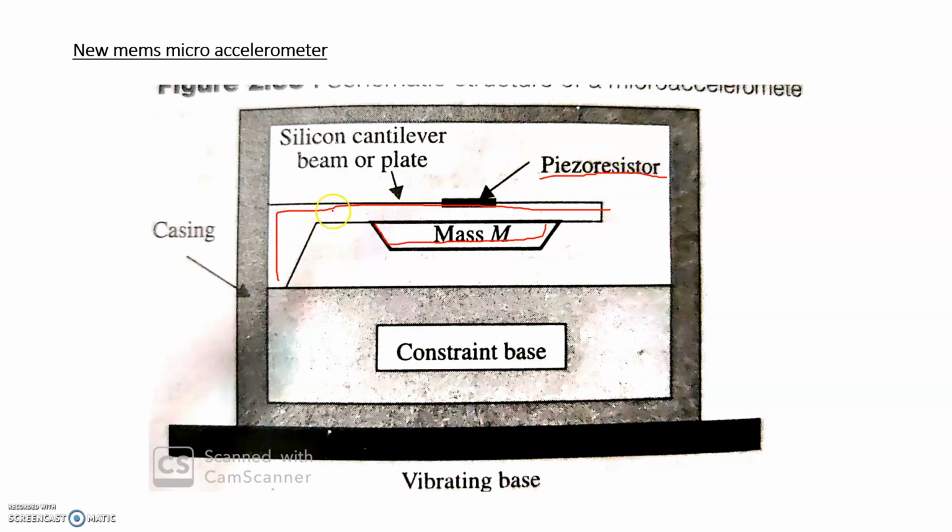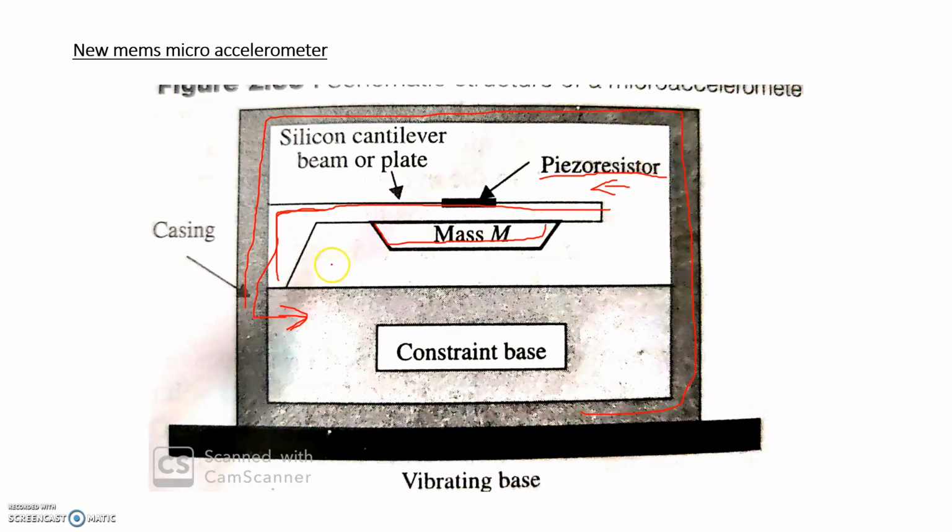The cantilever beam is connected to a constraint base, and the whole component inside this microaccelerometer is protected with a metal or plastic casing. The remaining space other than the cantilever mass and piezoresistor is filled with air, which gives the necessary damping effect.